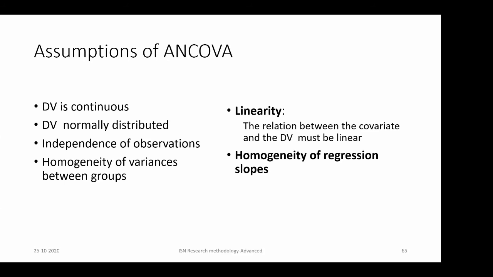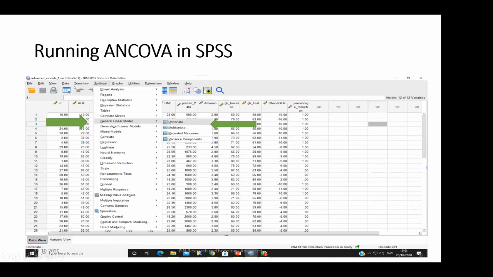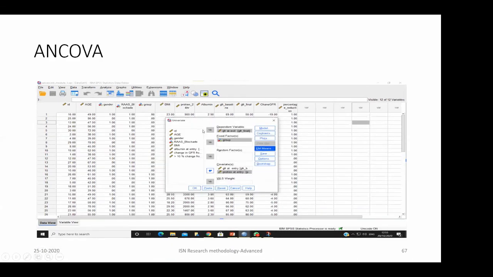And let us see how we will do an ANCOVA. So again, we have to go to the Analyze command, and below Compare Means you will see something called General Linear Model. Here you have to select the Univariate command, and this would take you to a window. Here the dependent variable is eGFR at exit, and the fixed factor is the factor by which the groups are different.